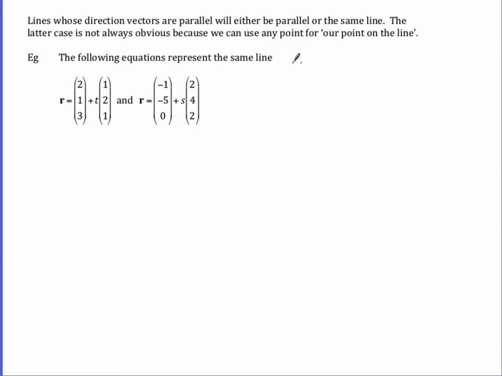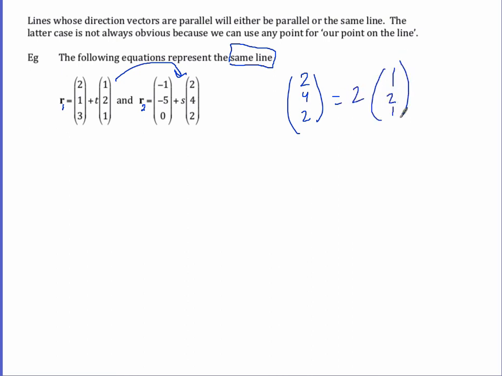This one here, these represent the same line, so let's check and see if that's the case. You can see that the lines are definitely parallel. We usually call them r1 and r2. The direction vector of r2 is a scalar multiple of r1, so they're definitely either parallel or the same line.